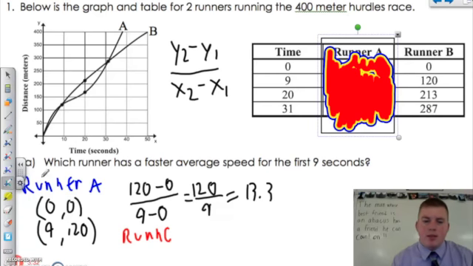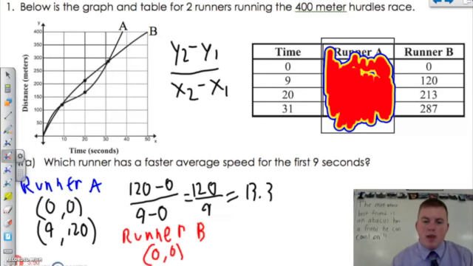In this case, again, remember we're looking at runner B. Alright, so we're going to have (0, 0) again, and we're going to have (9, 120) again.